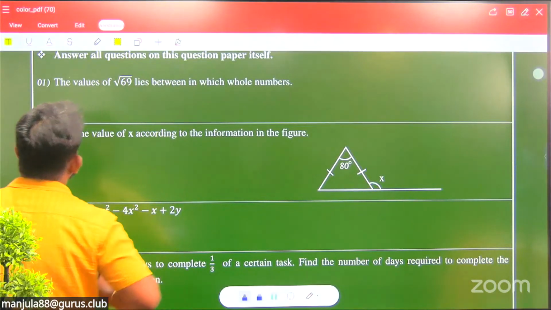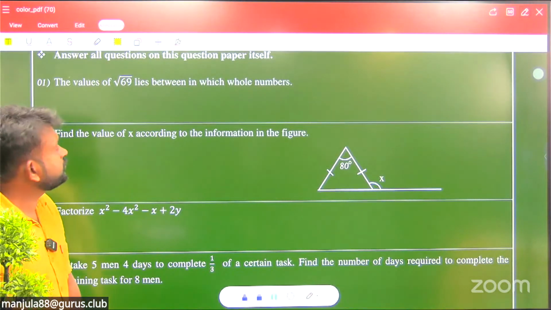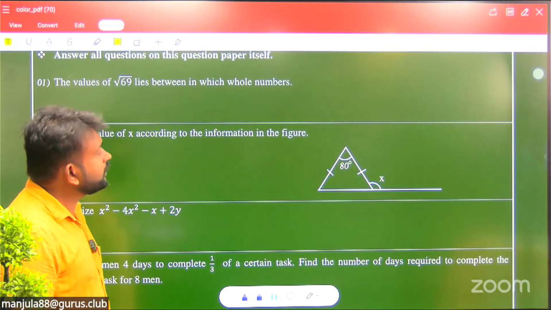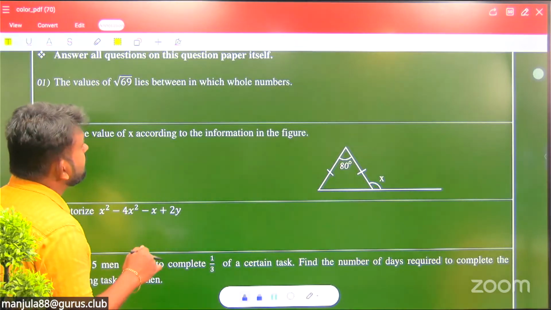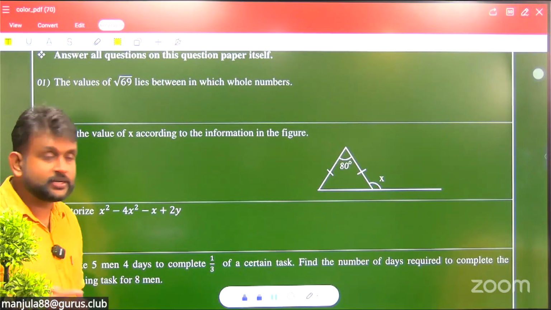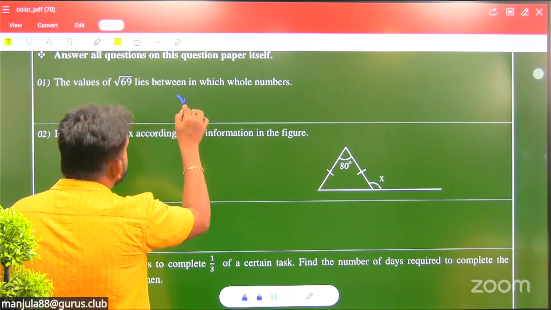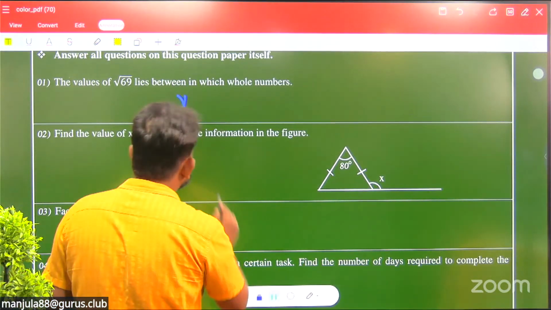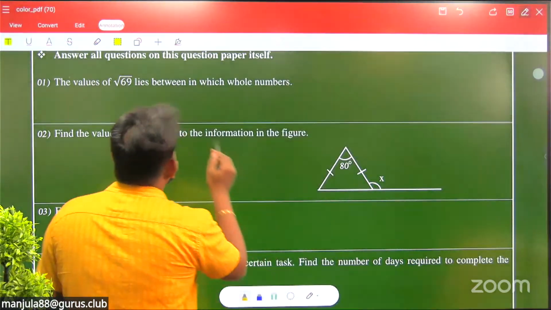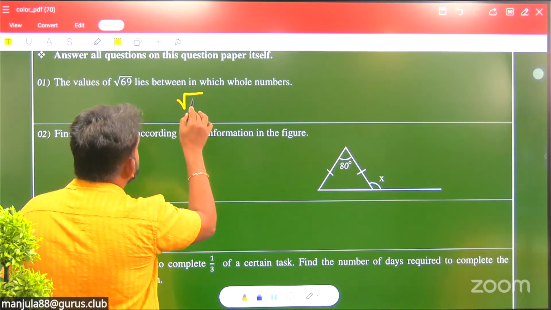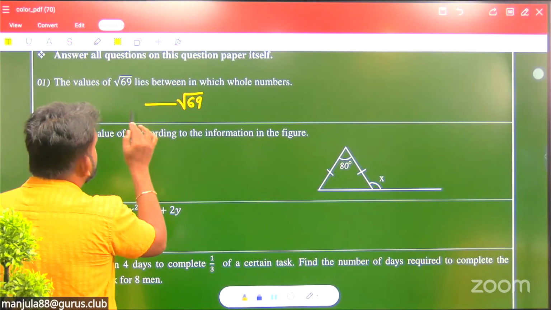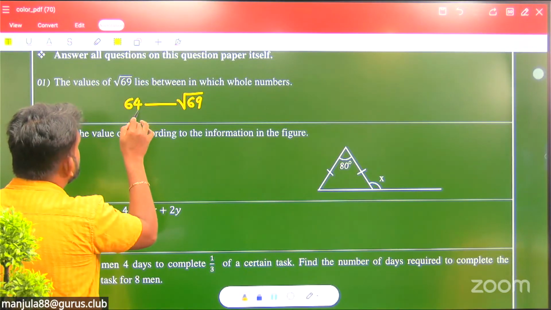First question: the value of square root 69 lies between which whole numbers? They are not asking for the square root of 69 to the first approximation. They are asking between which whole numbers it lies. Here for square root 69, we take the lower perfect square, that is 64, and the upper perfect square after 69, that is 81.